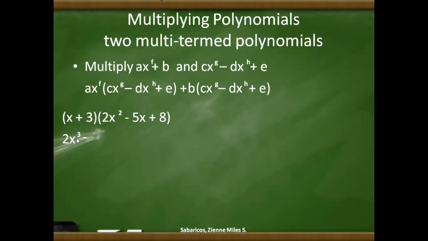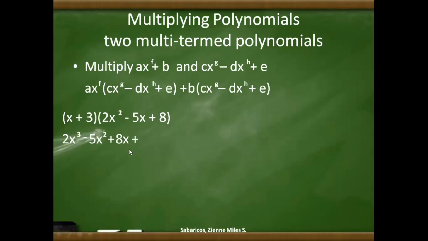So 2x cubed. And then minus, because of the sign of the next one, x times 5x. So 1 times 5 is 5. You bring down the x, the exponent is 1, plus 1 is 2. And then plus. So x times 8. 1 times 8 is 8. And then you just bring down the x because this has no variable.